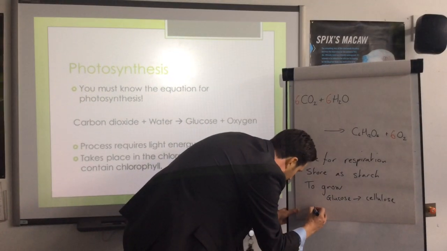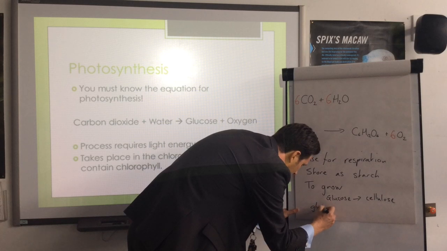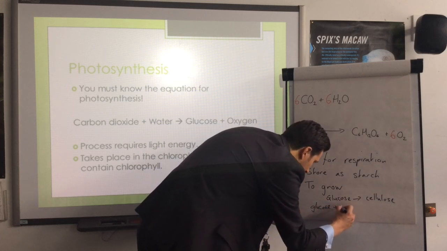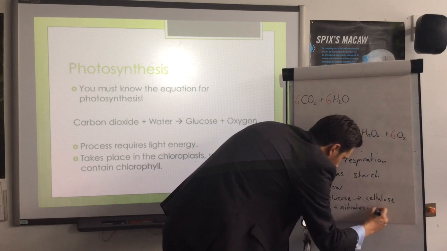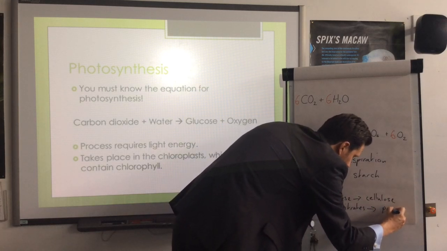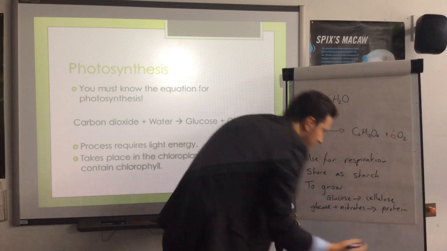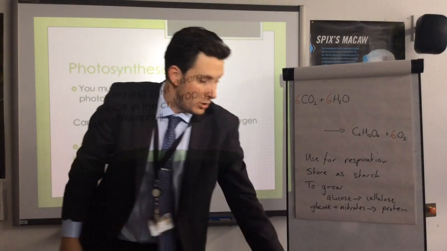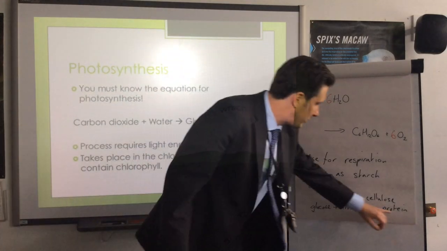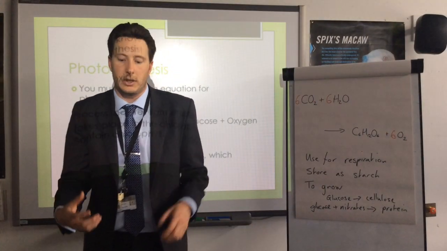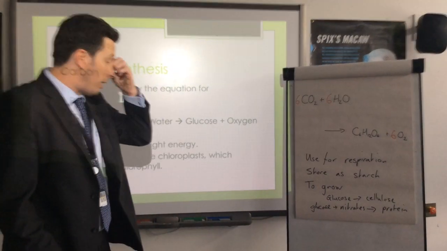And then the other thing, when it grows, is it can combine glucose with nitrates. And nitrates it takes from the ground and it actually turns that into protein. So it combines glucose with nitrates, which it absorbs through its roots, and it actually creates protein, and protein helps it to grow.